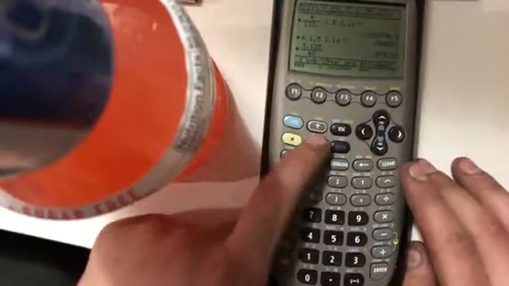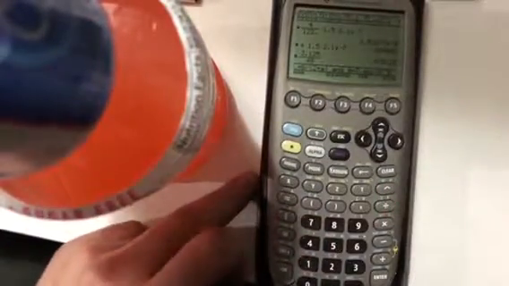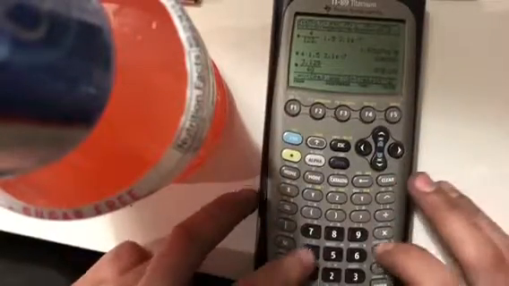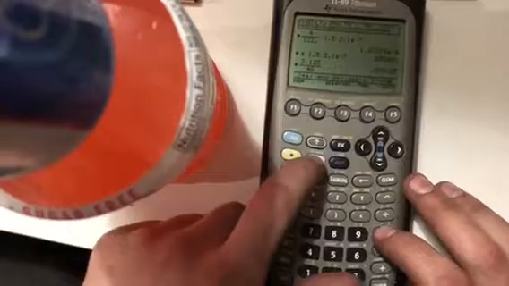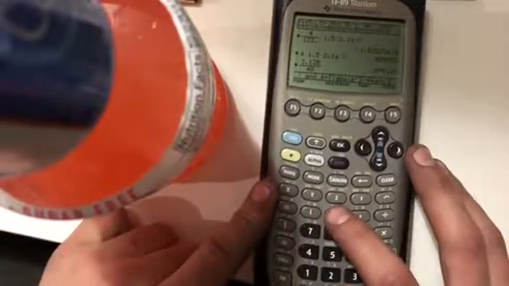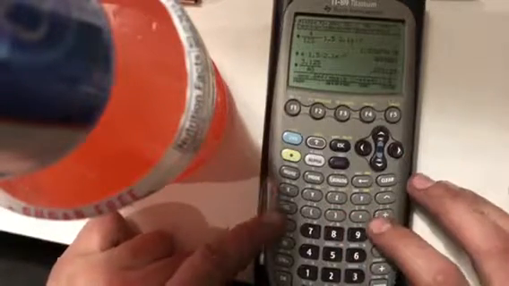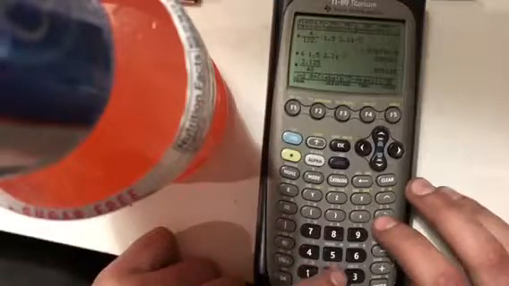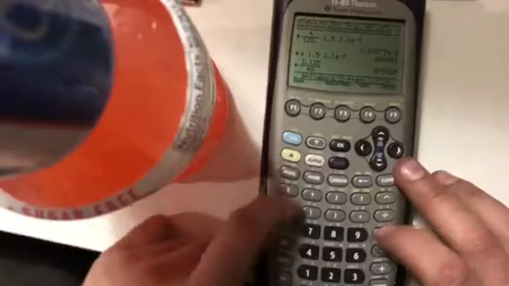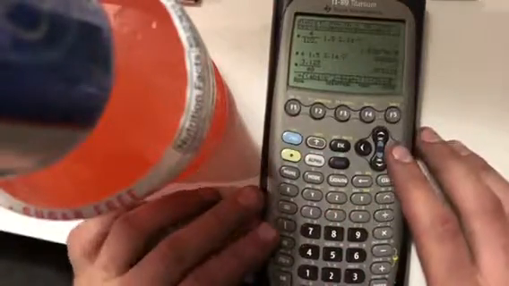Now you're going to do beta squared minus 4 times A times C. Close that parenthesis and close the outer parenthesis, and now all of that is divided by 2 under parentheses times A, just to make sure we get it right. So now all of that is in there.